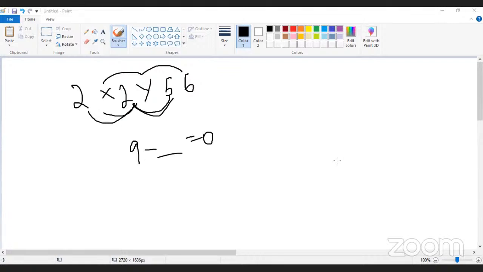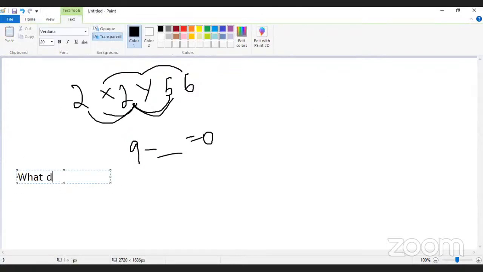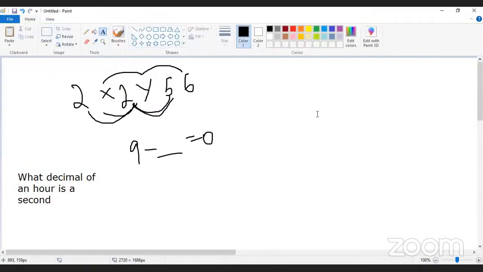What decimal of an hour is 1 second? Okay. We'll just finish this and then get into interest. What decimal of an hour is a second? So 1 hour is equal to how many seconds?